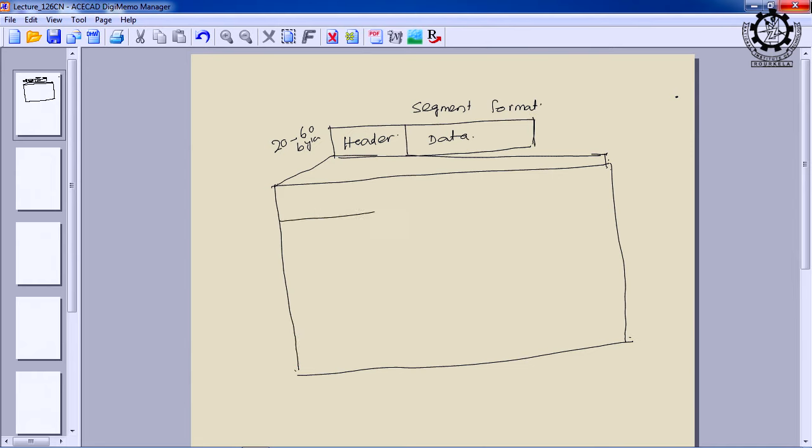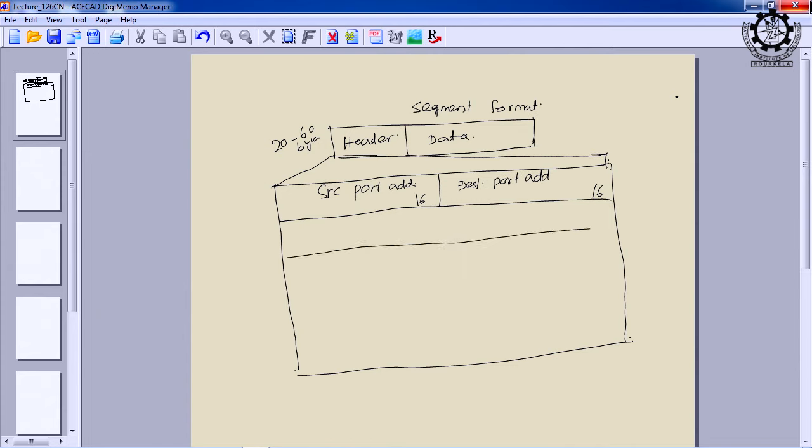The first word of 32 bits has two fields of 16 bits each. One is the source port address and another is the destination port address.